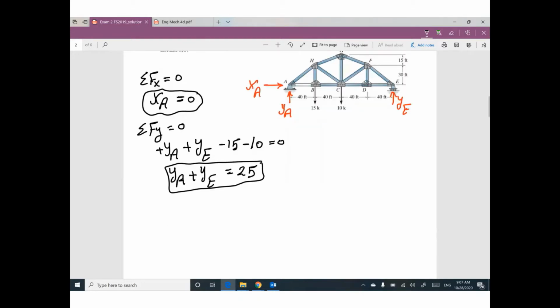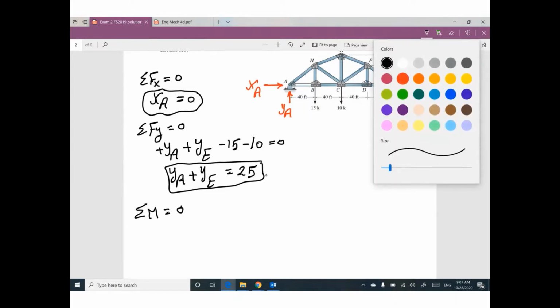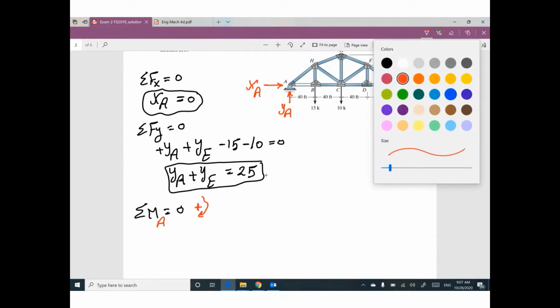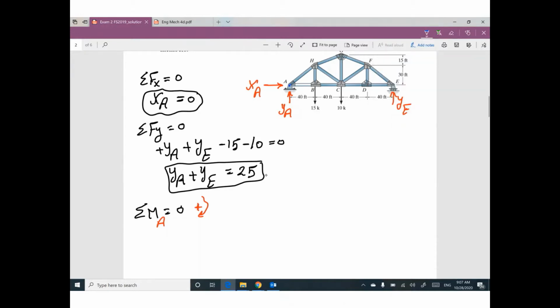Third equilibrium equation, summation moment at any point equals 0. I highly recommend to take moment at A, and I'm gonna assume this direction is positive. If you take moment at A, XA times 0, we don't have distance.